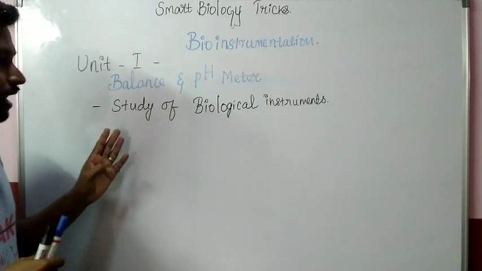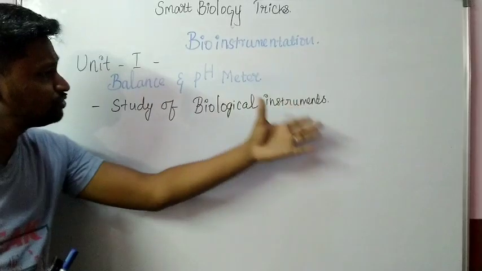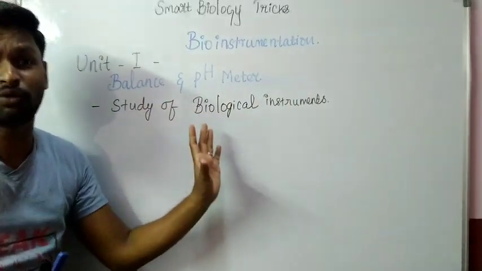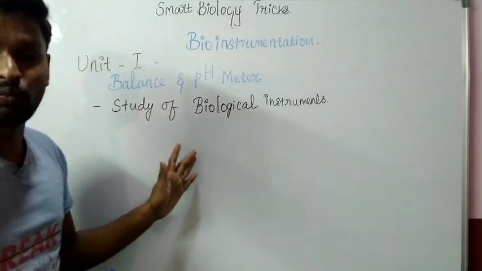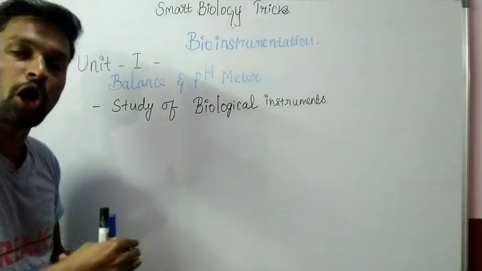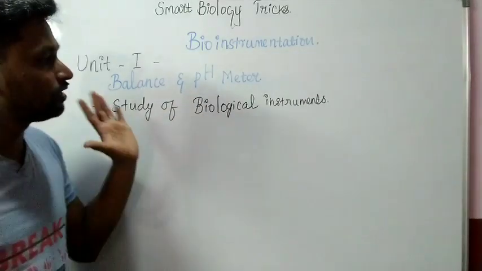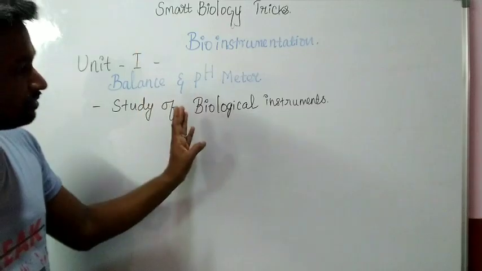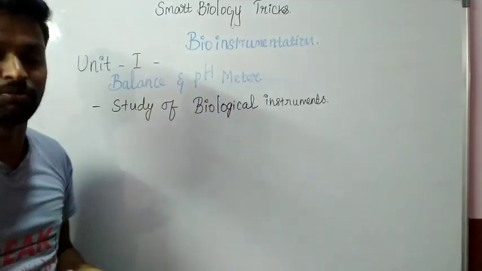You should say it is a study of biological instruments. You should study the instruments covered in a biological laboratory: what is the principle, what is the working mechanism, how the machine operates and how to use the instrument. Those things are called the study of the biological instrument, and the study is called bioinstrumentation.